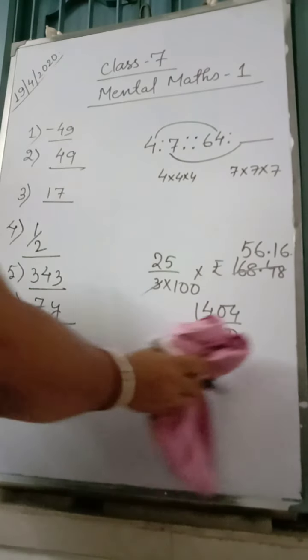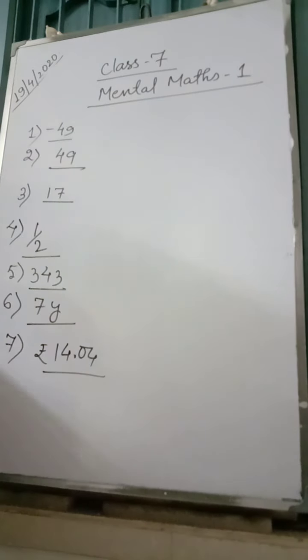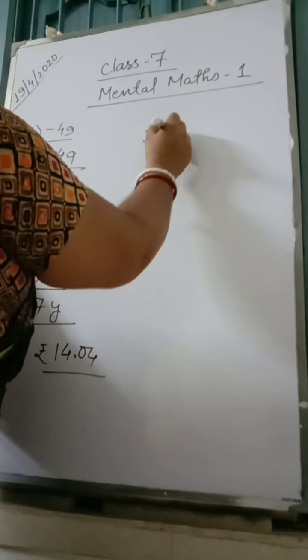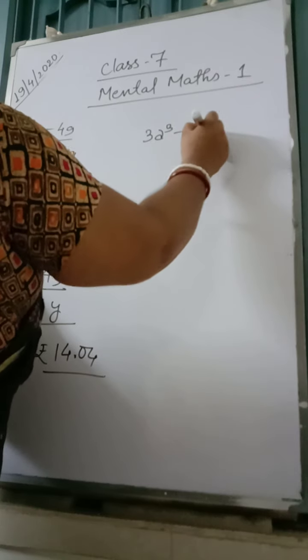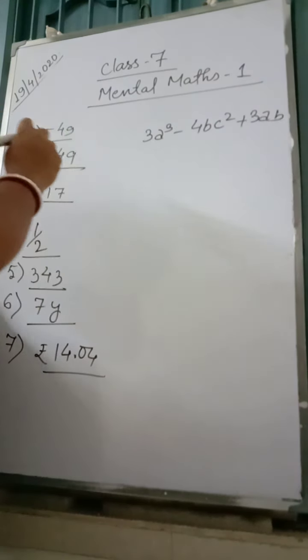Next one, if A is equal to 2, B is equal to 3, C is equal to 0, then 3A cube minus 4BC square plus 3AB. Now place the values.